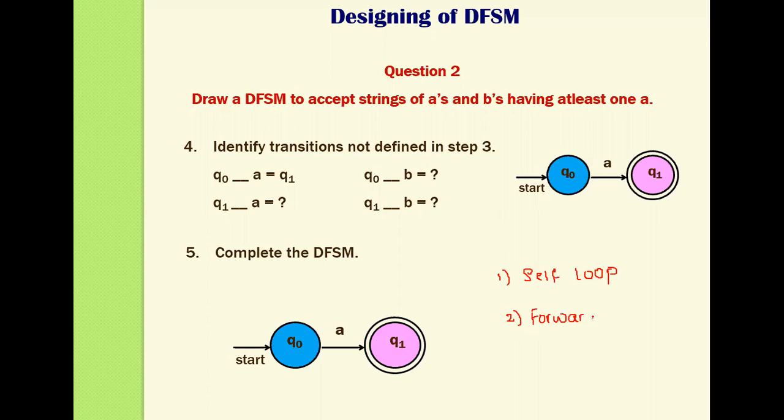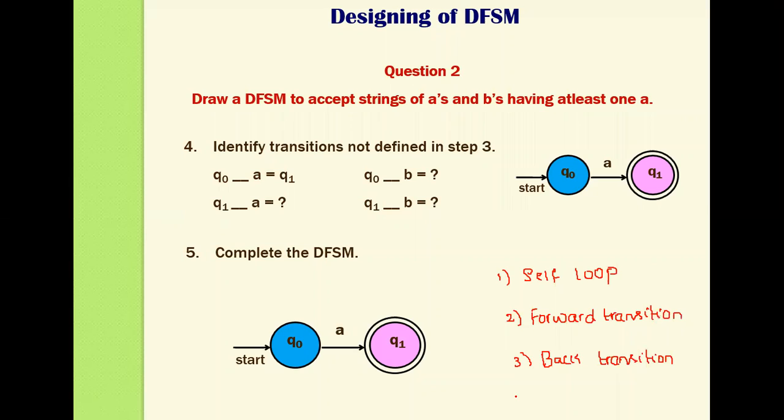If this is also not working, then we go with the backward transition, that is, the backward direction arrow. This is the order you need to follow, all of you. First try with a self loop, otherwise go with a forward transition, otherwise go with a backward transition.